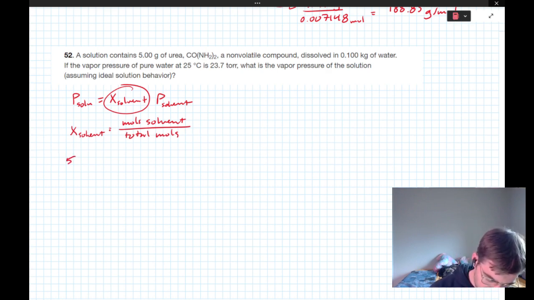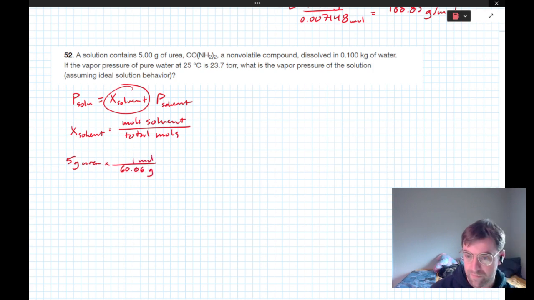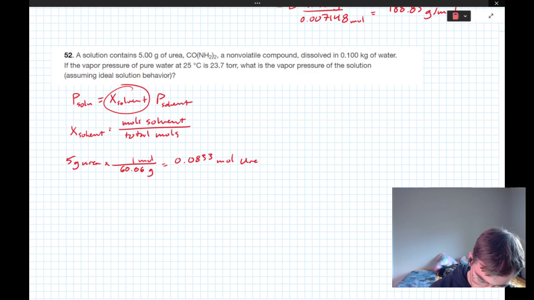So we have 5 grams of urea. We need its molar mass, which is 60.06 grams per 1 mole, equals 0.0833 moles of urea. We have 0.1 kilograms of H2O.